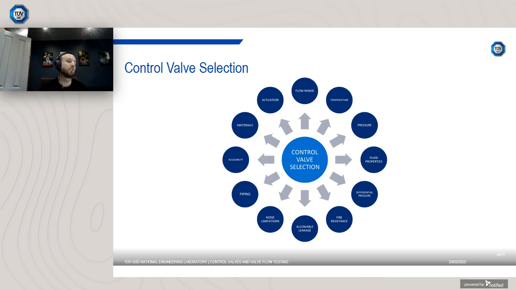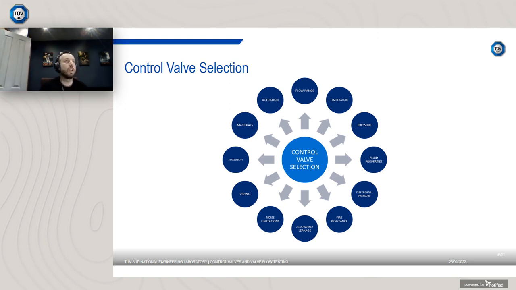So it needs to be a suitable thickness to contain the pressure. You need to have flanges, if the valve is flanged, that are rated appropriately as well. The fluid properties are important, so certain things like sealing materials within the valve will be compatible with, say, water, but may degrade with certain fluids such as oil or crude oil.